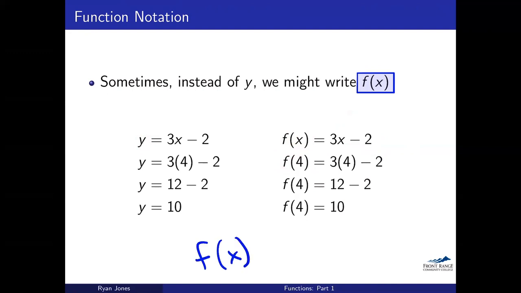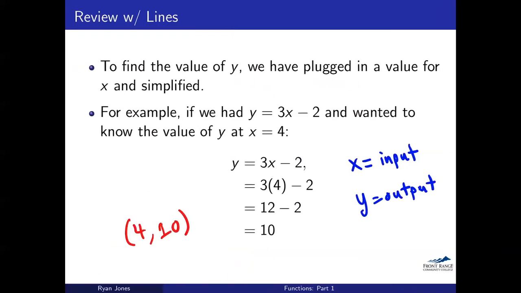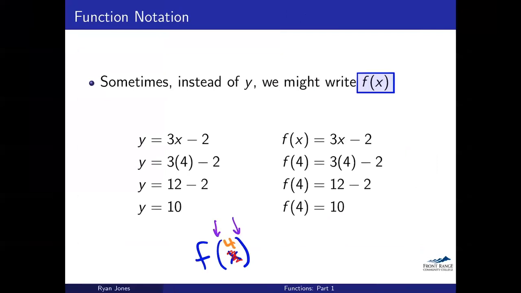Really what I can do is scribble out this x and put a 4 in there. What's inside these parentheses is really just an input. And remember, we said x is an input, y is an output. So when I write it like this, I have x as my input, and that's very clear here.